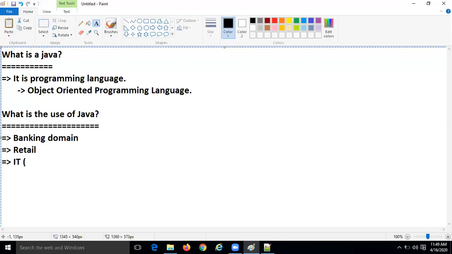Next one, Java is useful in IT also. IT stands for what? Information technology. In information technology, what is the use here? To solve the problems. Okay, next one.